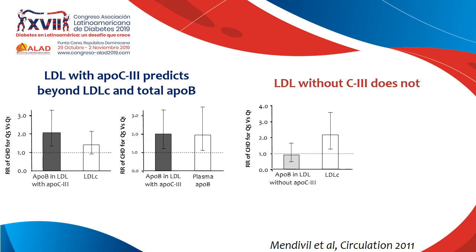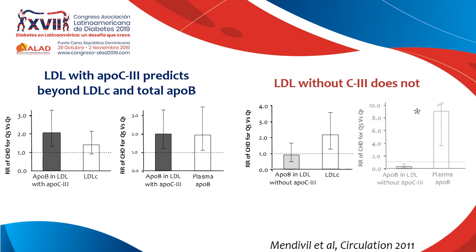In the case of LDL without ApoC-III, when you adjust by LDL cholesterol or by plasma ApoB, the association either is null or actually turns to the protective direction. This is because the only way to have more LDL without ApoC-III with the same plasma ApoB is by having less of the bad type of LDL with ApoC-III.